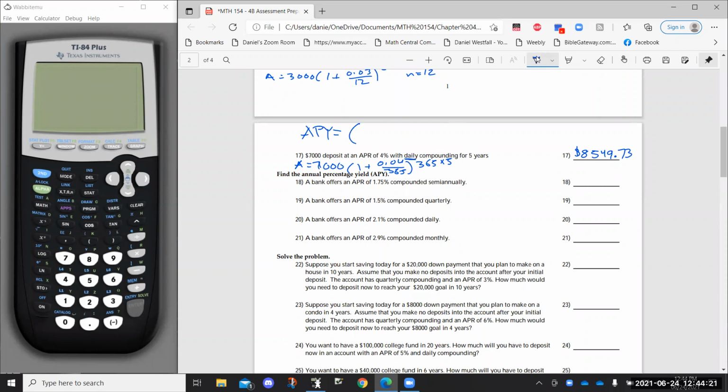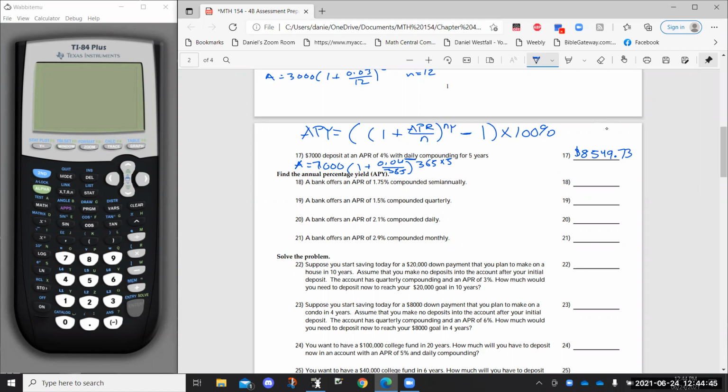this is a crazy formula, it is big parentheses 1 plus APR divided by N raised to the NY minus 1, close parenthesis for that, times 100%. I'm going to just do an example here.